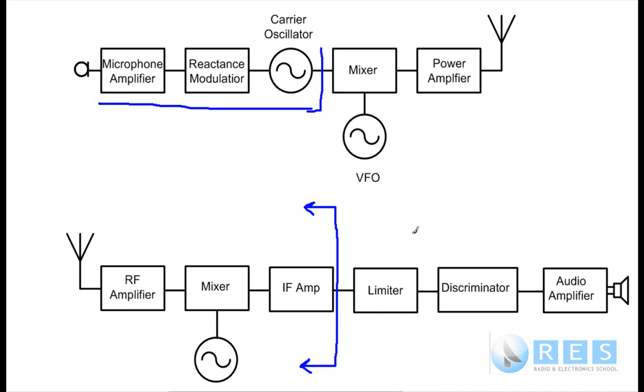The limiter, remember before I said that the information is conveyed in the frequency changes of the signal and not the amplitude changes? Well, a lot of noise, man-made noise and cosmic noise, causes the amplitude of our signal to vary. So instead of our signal being square top and bottom, just give myself a couple of guidelines here.